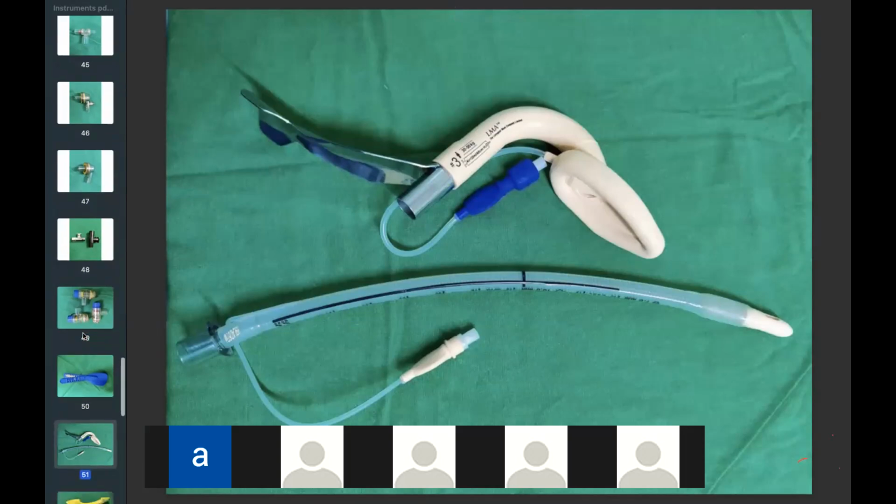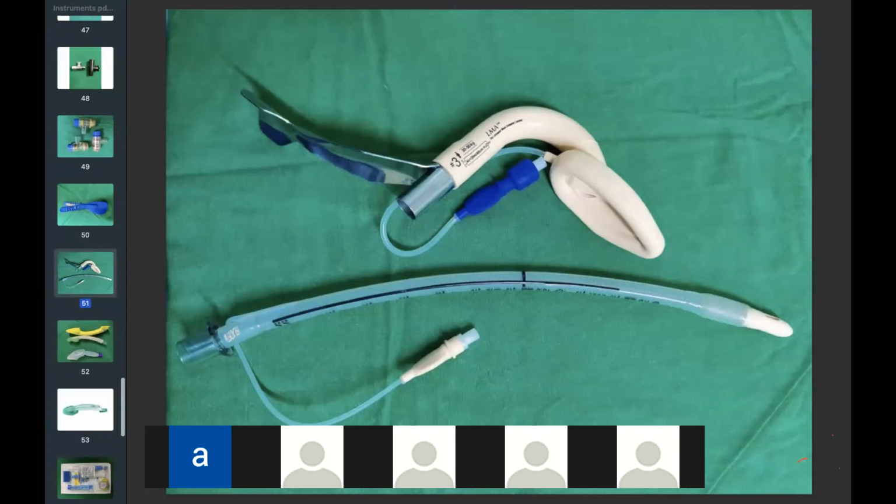This is an intubating LMA, also known as LMA fast track. It has a silicone cuff which is placed distally, and it has an inbuilt rigid steel rod and a tube to guide the endotracheal tube to pass, and it has its own endotracheal tube which has multiple rings on it.